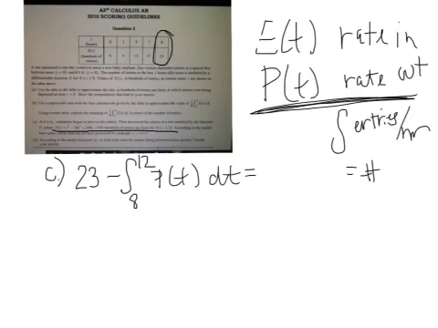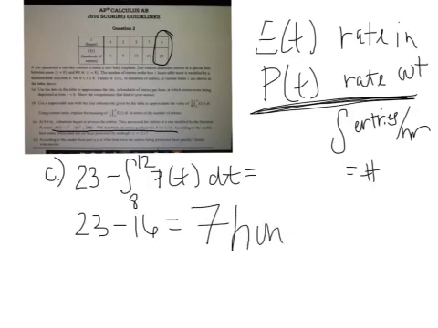And if you do that, you're going to get 23 minus, this guy ends up being 16. And our answer would be 7. Remember, that's in hundreds.